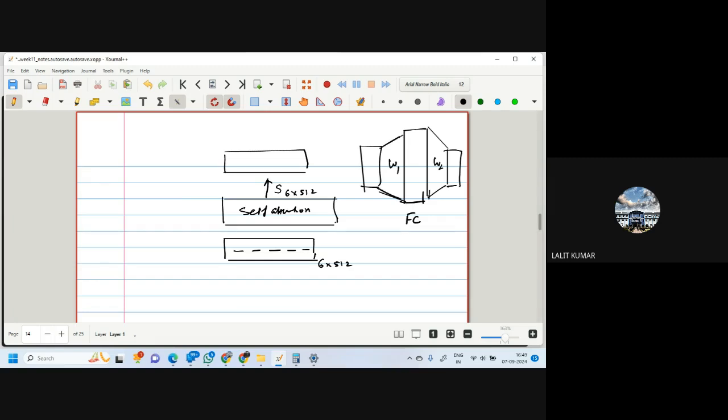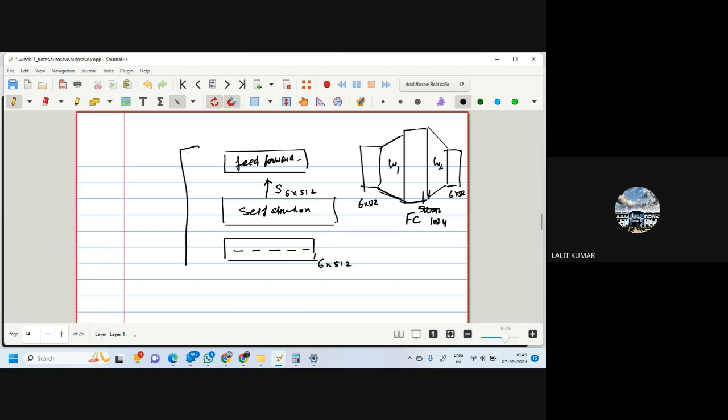For example, the size is 6 into 512, and this is 512 into 1024, or 1024 into 512. So here we get one big matrix, and finally we get 6 into 512. So this is the feed forward neural network.